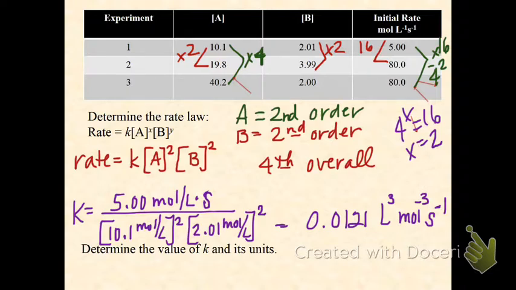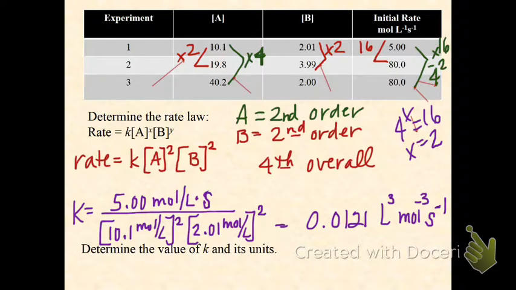B is a little bit more complicated because nothing on A is ever held constant. So I'm going to look at experiment 1 and 2, because in experiment 1 and 2 right here, we have B doubling, but we also have A doubling. Then what happens is I have still going up by 16.